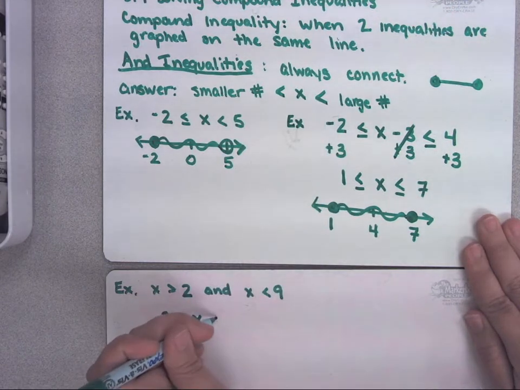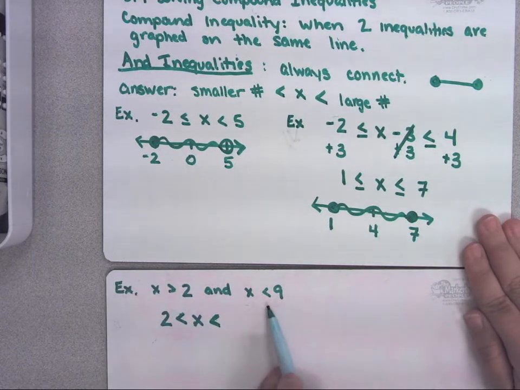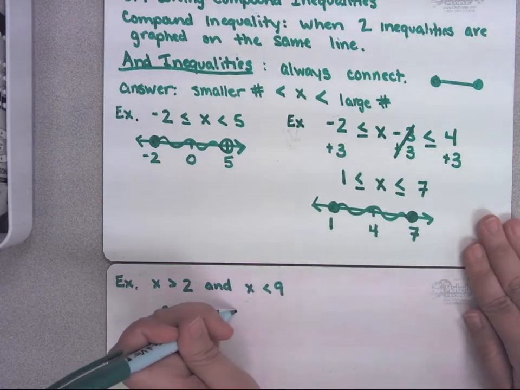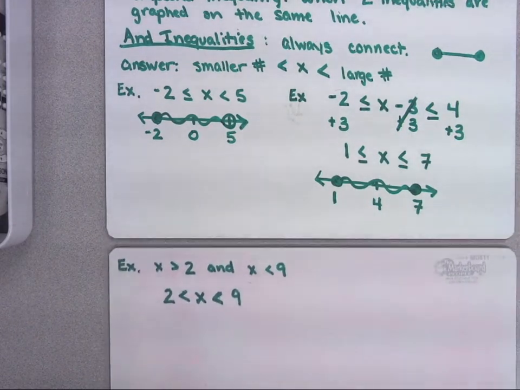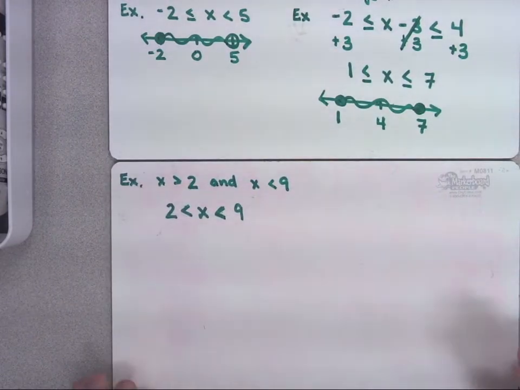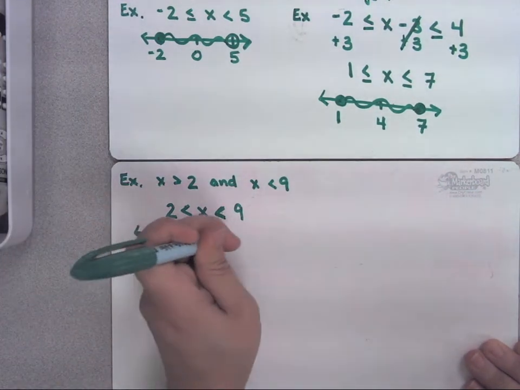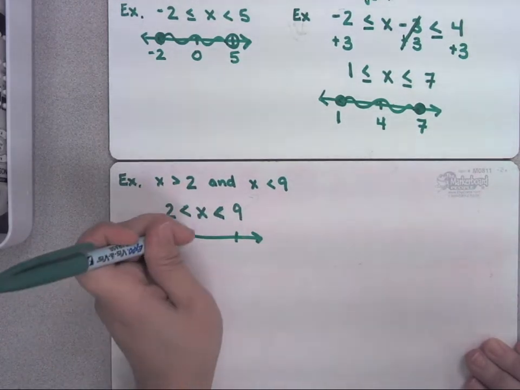Another inequality pointing the same way. Does that one need an equal to line underneath it based on the 9? Nope, that's okay. And then it says the larger number. So 9. Now, is it in the and form we like? Now, can we graph it? Okay. So try graphing it, and then next we'll solve one where we have to do the math and then do this. Just keep practicing.